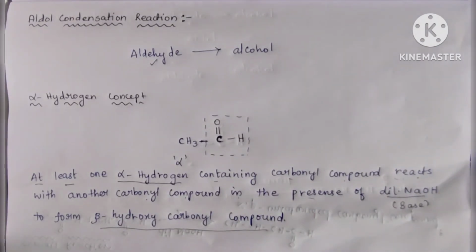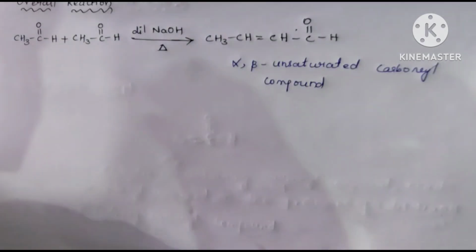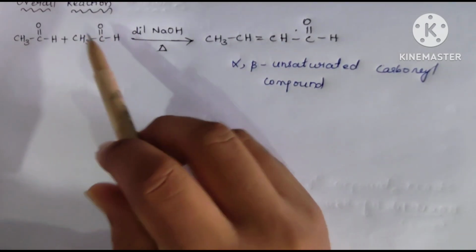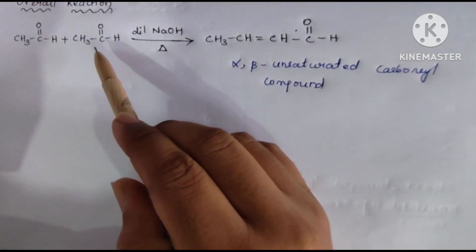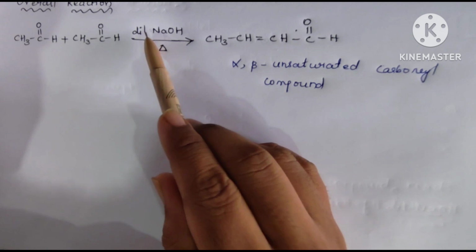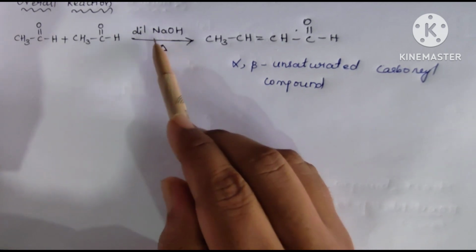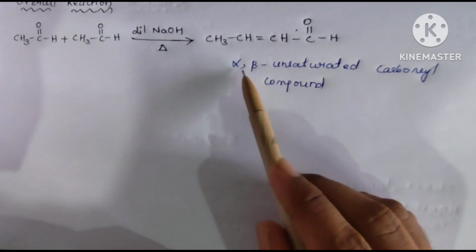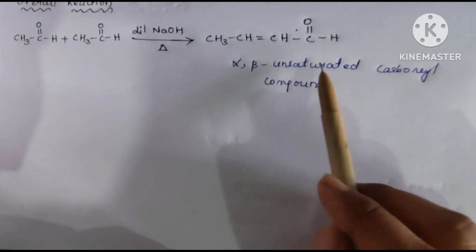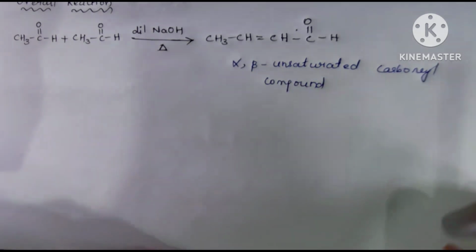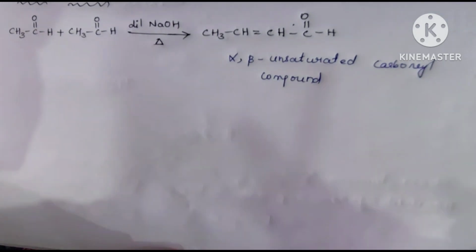This is the overall reaction: 2 moles of carbonyl compound react with dilute NaOH to form an alpha beta unsaturated carbonyl compound.